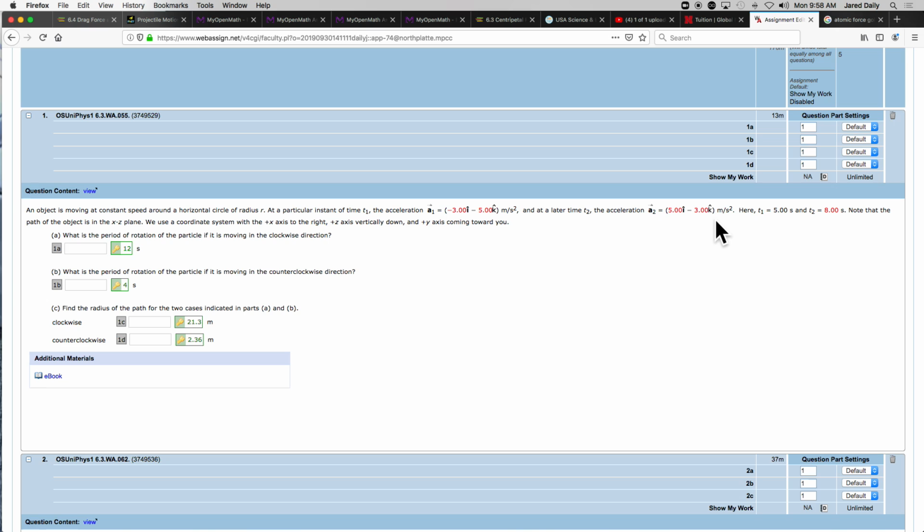This one is a positive 5, negative 3. Positive 5, negative 3 has to be pointing this way, which has to be in this quadrant. So it has to go from this quadrant to this quadrant, time 1 to time 2. So time 1 is 5 seconds, time 2 is 8 seconds.